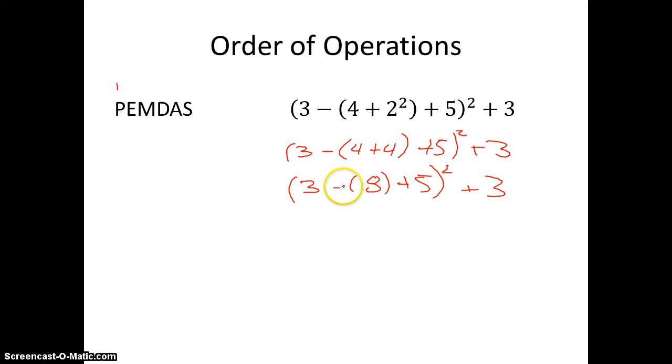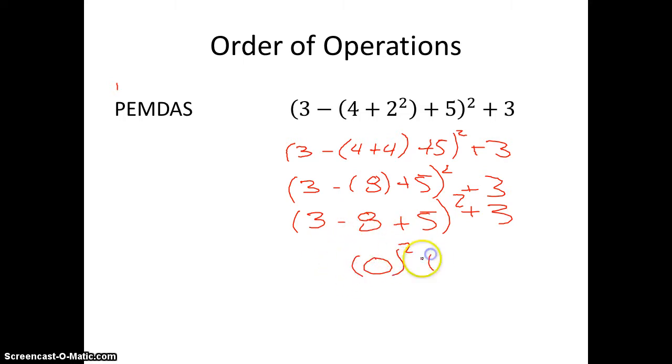Now I can distribute this inside of my parentheses, or essentially just take the parentheses away. Now, 3 minus 8 is negative 5, plus 5 is 0. 0 squared is 0. 0 plus 3 equals 3.